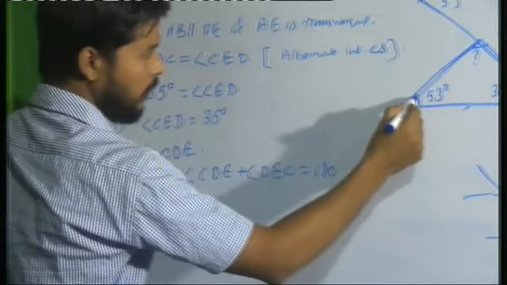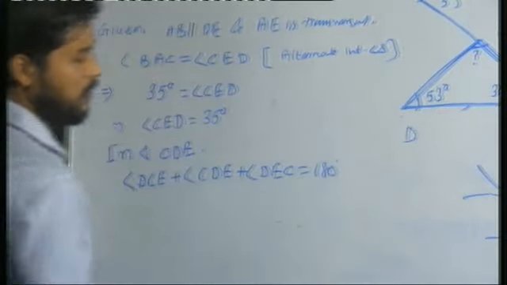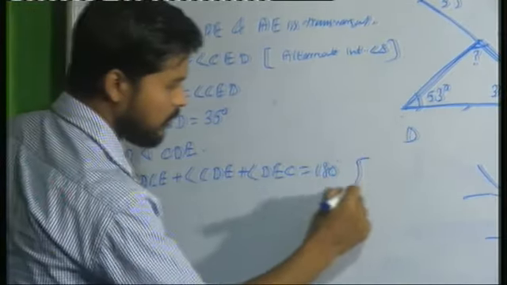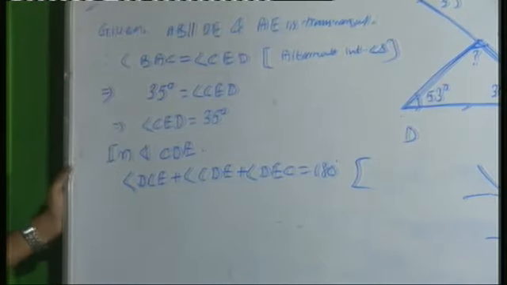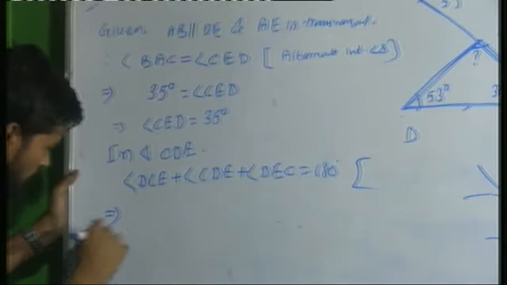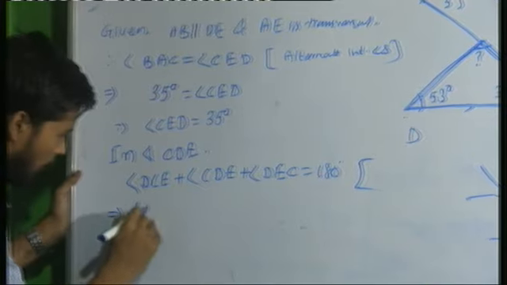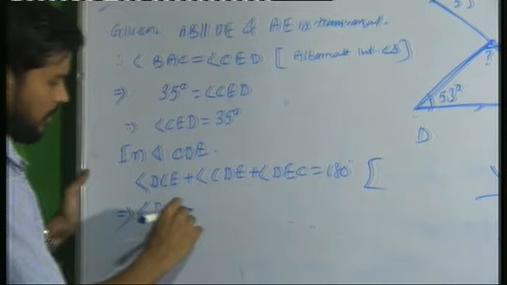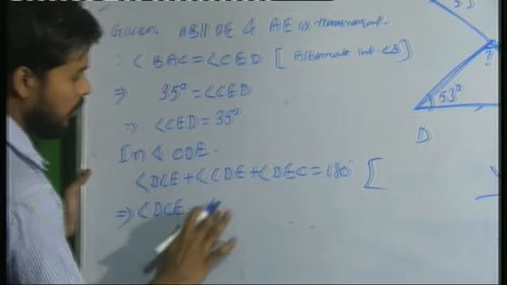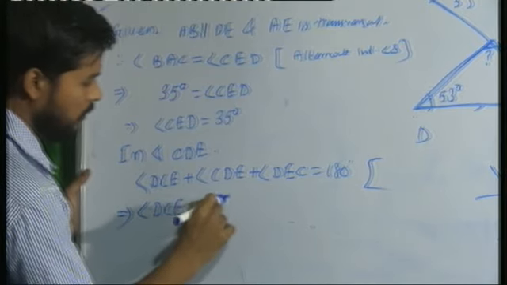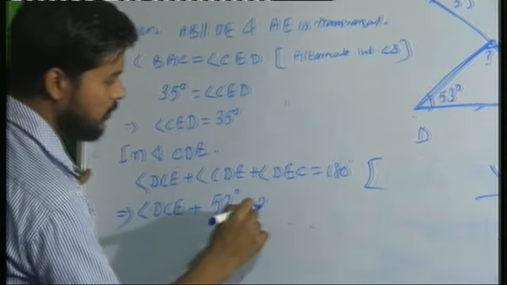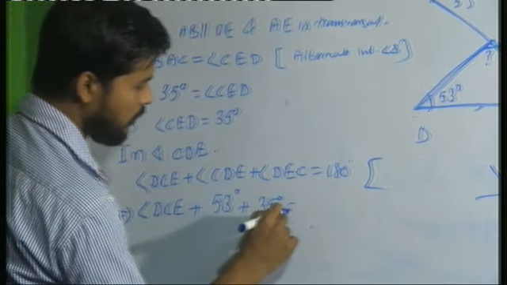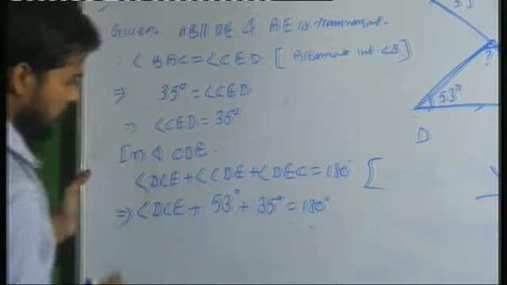This angle plus this angle plus this angle is equal to 180 degrees. That is called the angle sum property of a triangle. We don't know the value of angle DCE, but the remaining 2 values are known. It is 53 degrees plus 35 degrees.